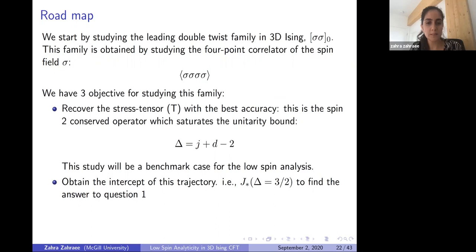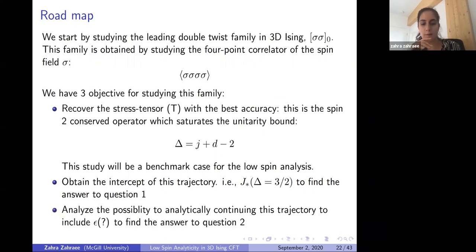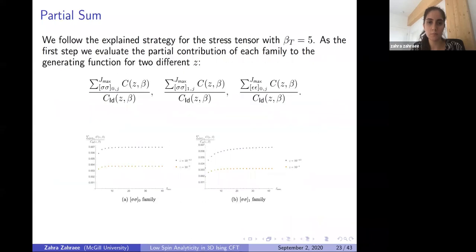Then we want to obtain the intercept of this trajectory, which is the value of J star for delta equal d/2, to find the answer to the first question. And then we analyze the possibility of analytically continuing this trajectory to include the epsilon operator to find the answer to the second question.